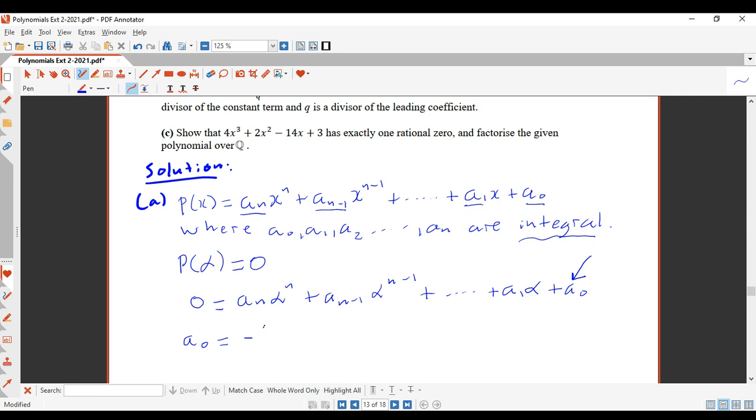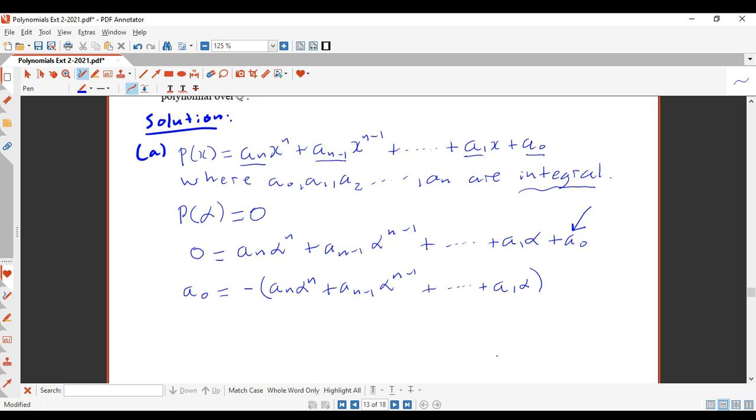So you're going to have minus an alpha to the n plus an minus 1 alpha to the n minus 1 plus a1 alpha. Okay, so we've taken a naught on one side and put all the terms on the other.